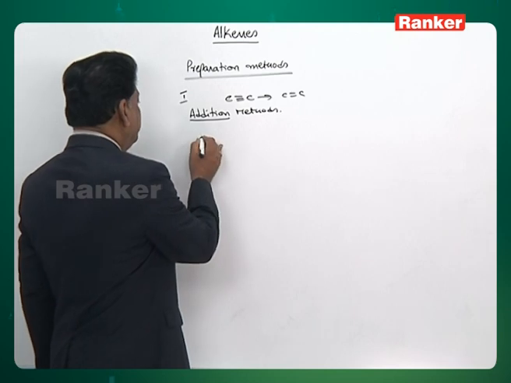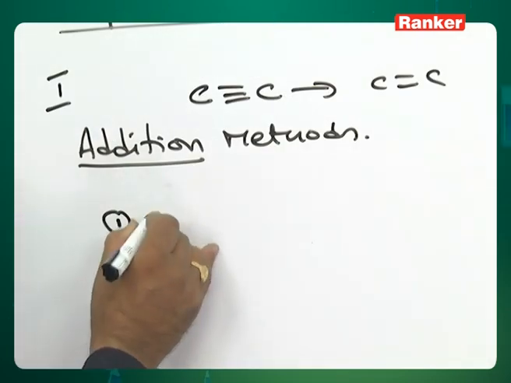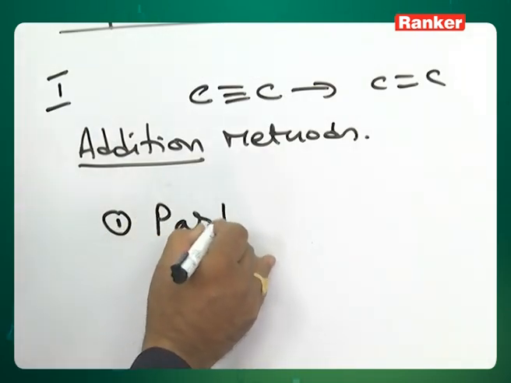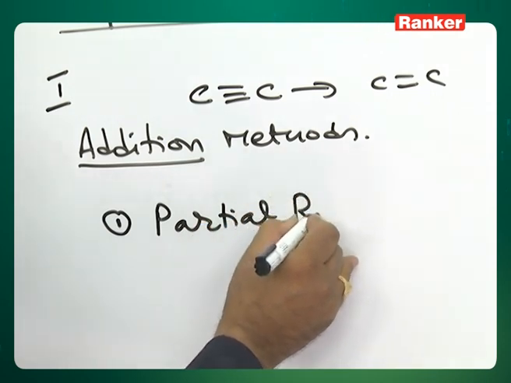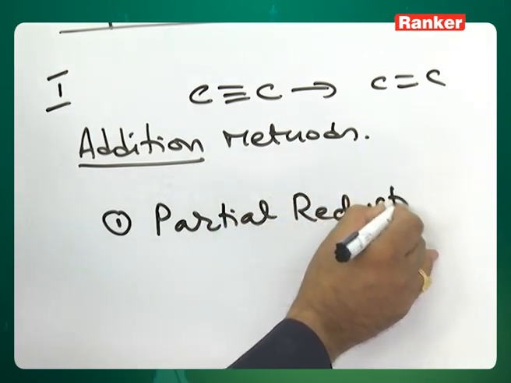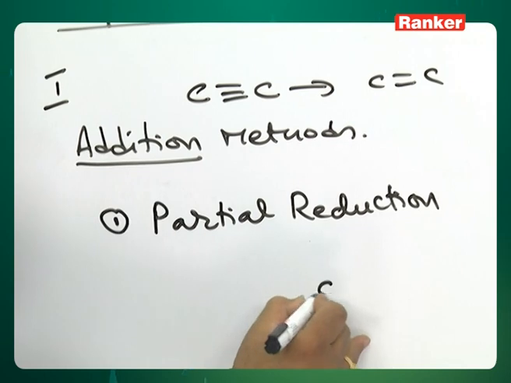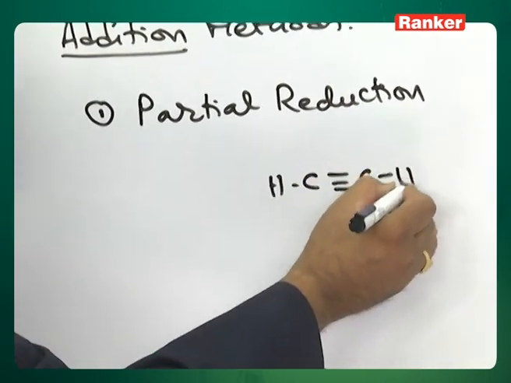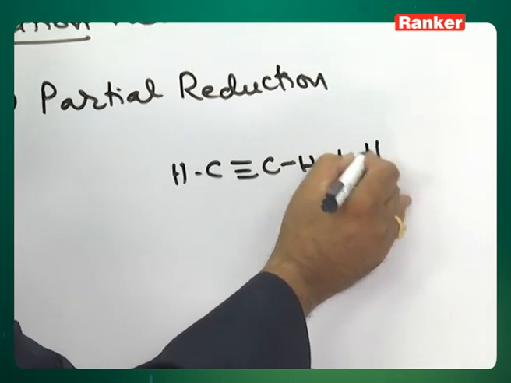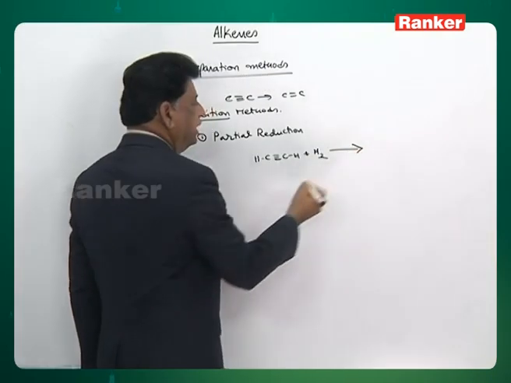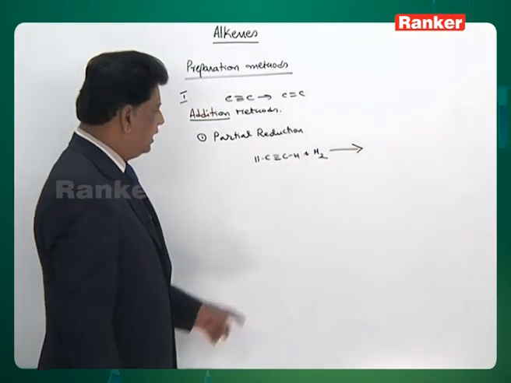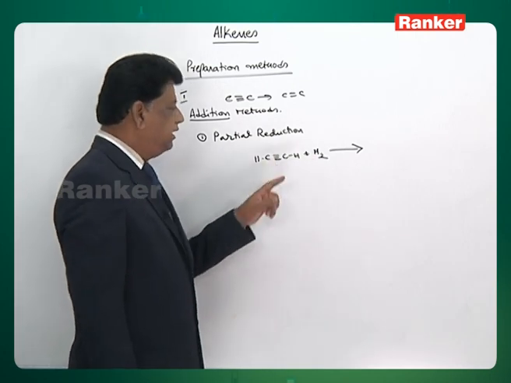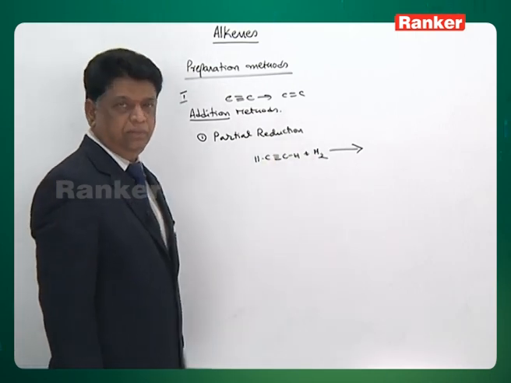One such method is partial reduction, in fact. The reduction, let us take acetylene, add hydrogen gas, but don't use the nickel catalyst. If you use nickel catalyst, once it is added, once again hydrogen will be added.